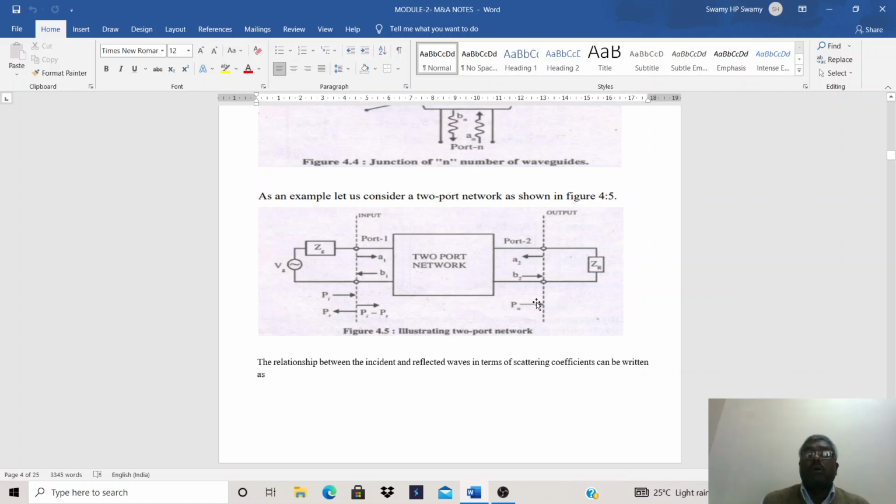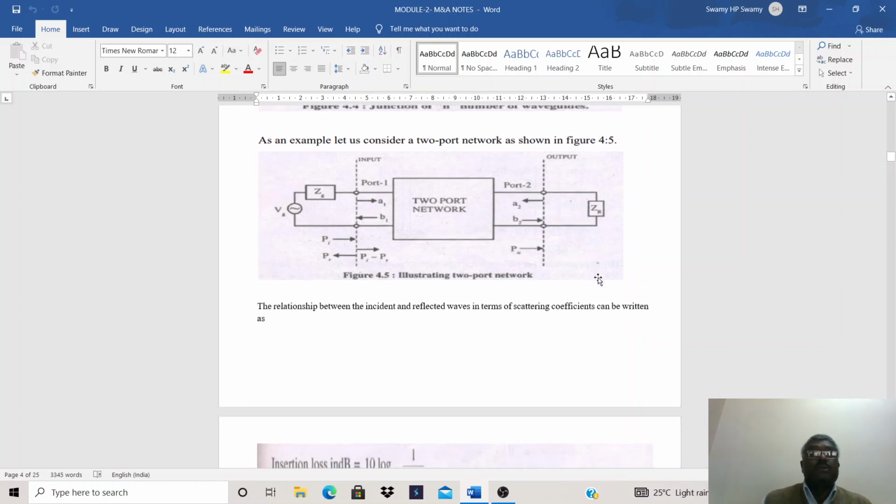The output power P naught will depend on the input power, that is, on PI and PR. For the output port, the reflected wave is A2, the incident wave is B2, where ZR is the output impedance.